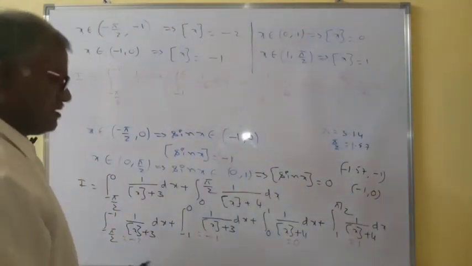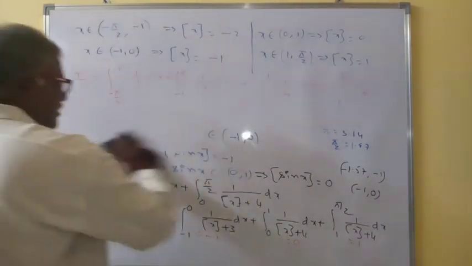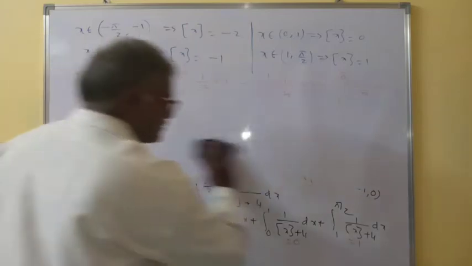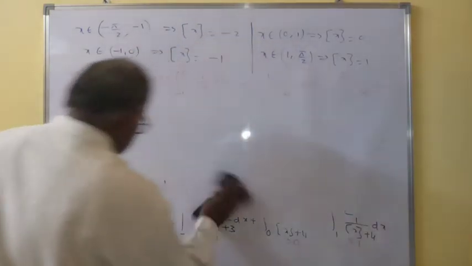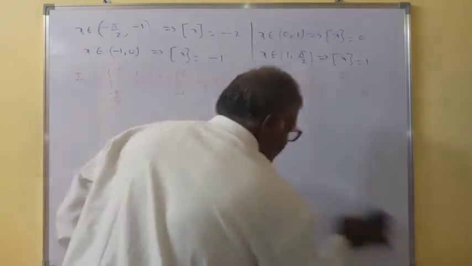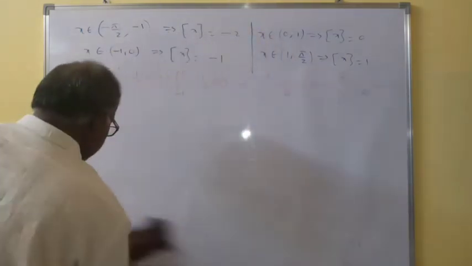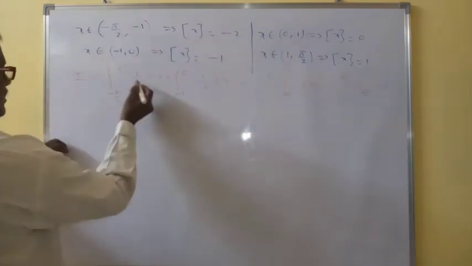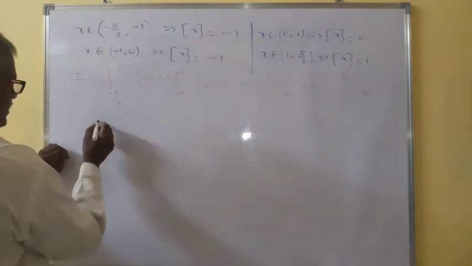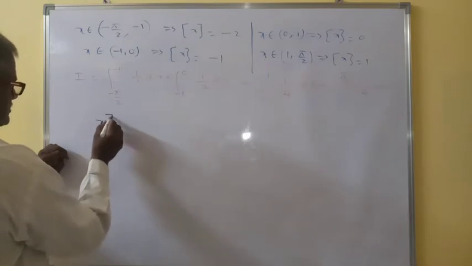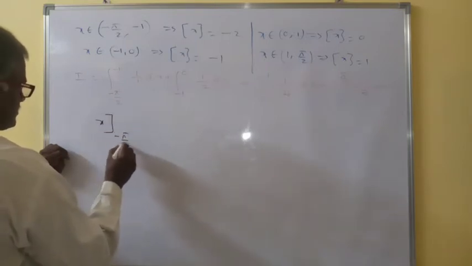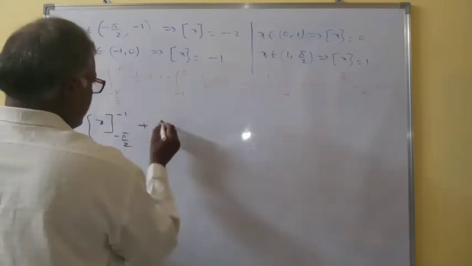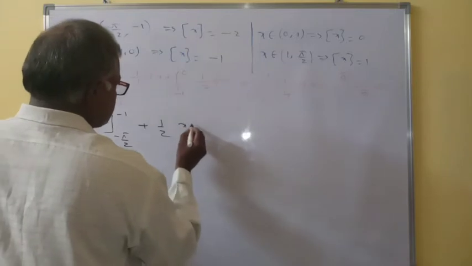Now we have to calculate, we have to simplify this one. For 1 dx, the integral of dx is equal to x, so minus 1 to minus pi by 2. Again 1 by 2 into x.